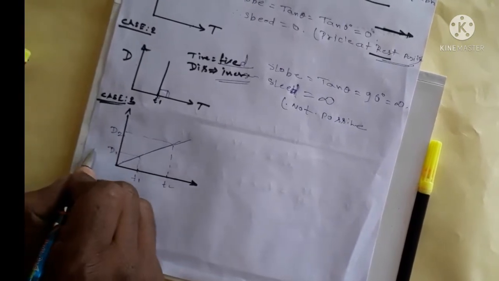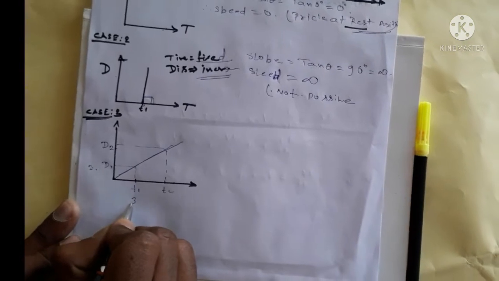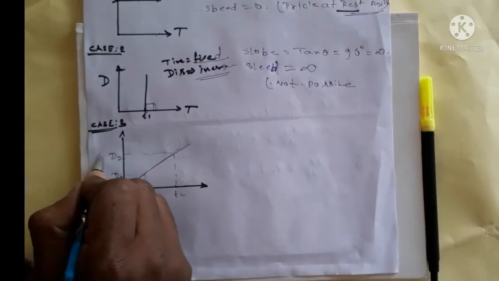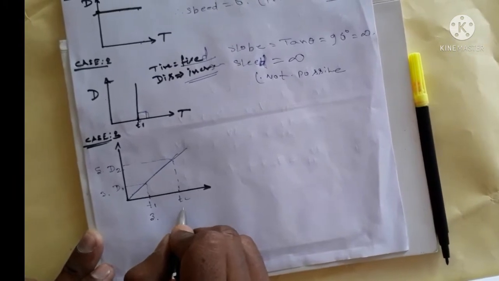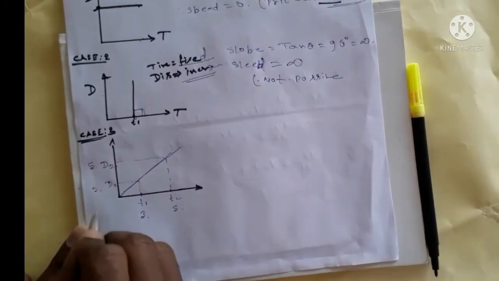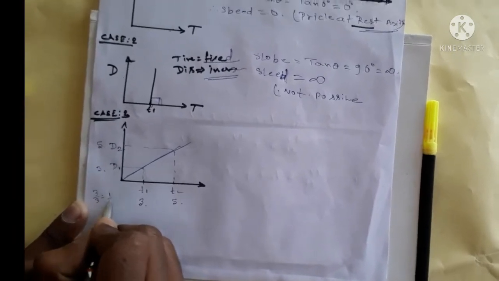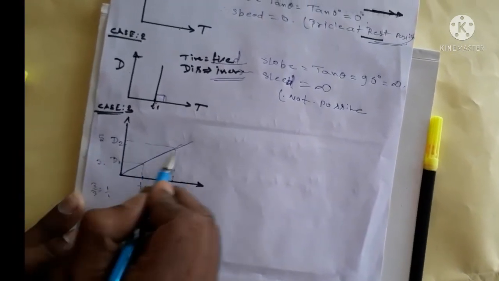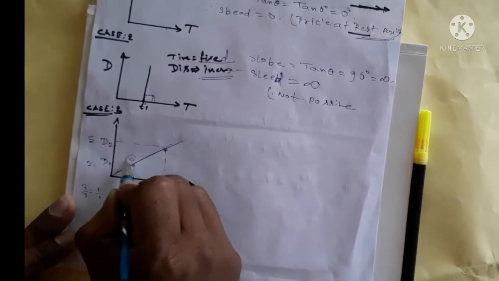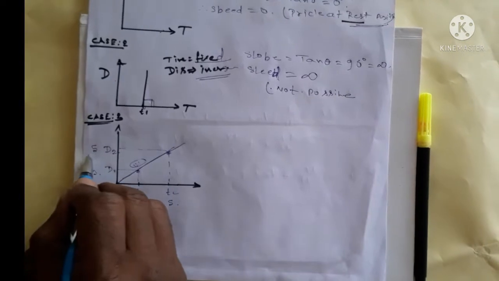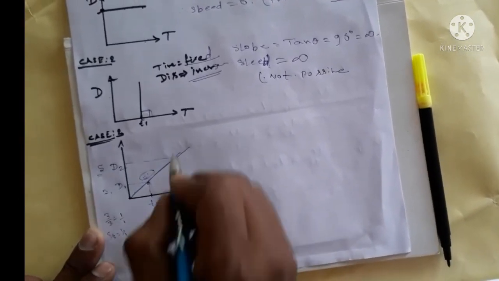Suppose d1 is equal to 3 km in 3 seconds and this is 5 km in 5 seconds. So the ratio is 3/3, which is 1/1, and at this point the ratio is 5/5, which is 1/1.